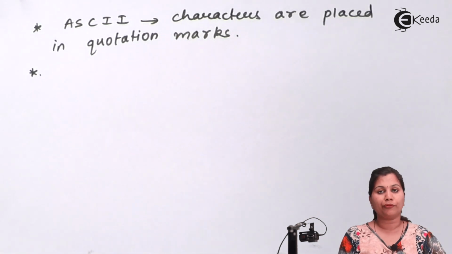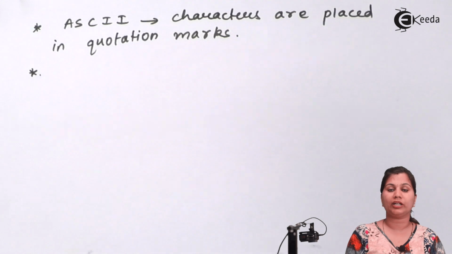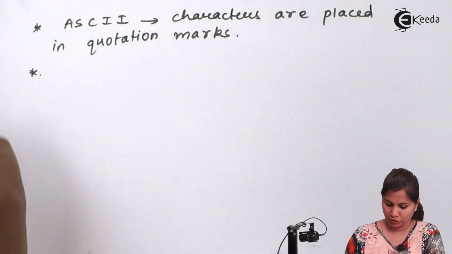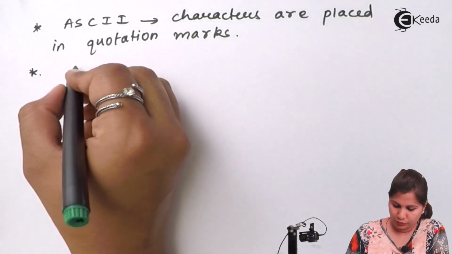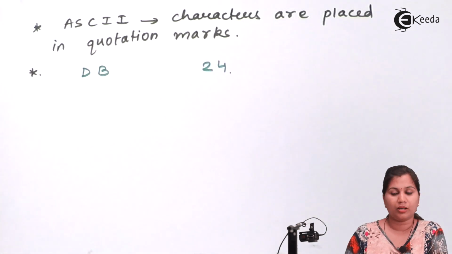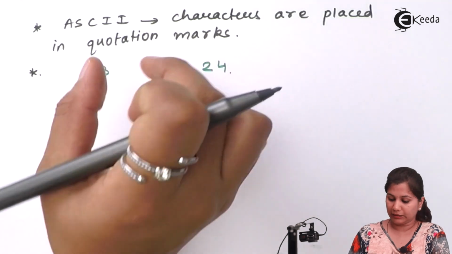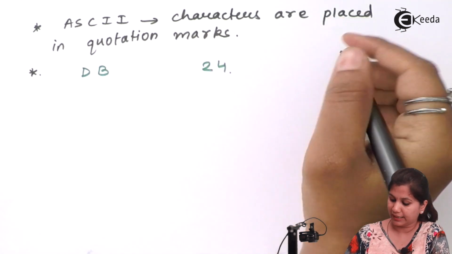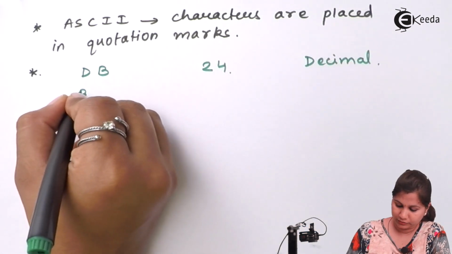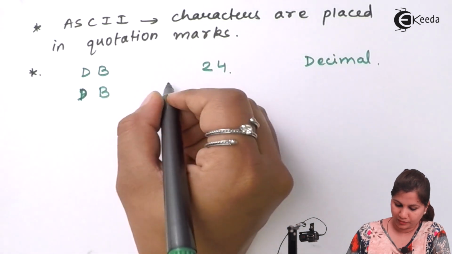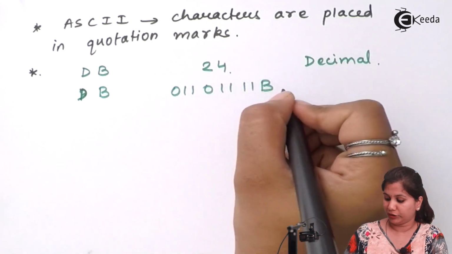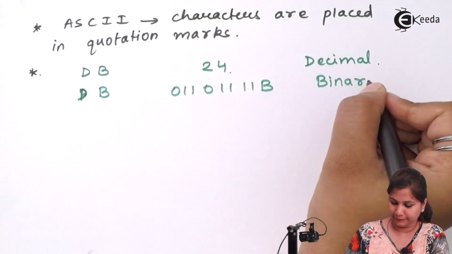Now let's see the format of this assembler directive, that is, how it is written in an assembly language program. If we write DB and then 24, it means the number is in decimal. If DB 01101111 and then B is written after it, it means that it is in binary.